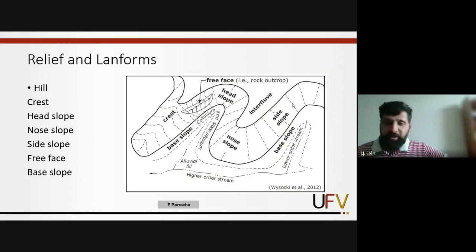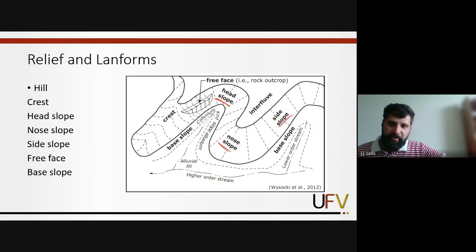So we can describe the soil by whether it is in the crest, in a higher position, in a base slope, where the soil is formed on colluvium or alluvium sediments, or in a slope, and which kind of slope: a concave, a convex, or a linear slope.